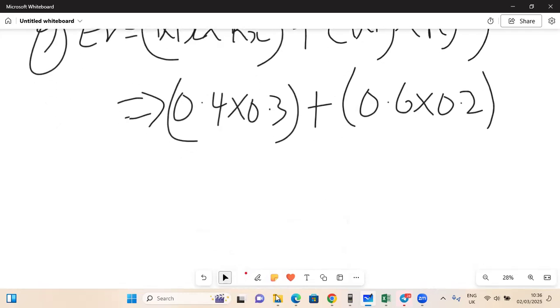Then we are going to get something around 24%. So June, the expected return is 24%.